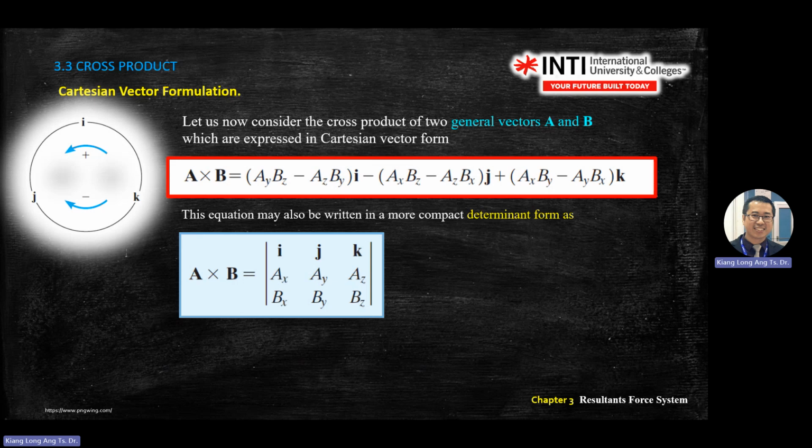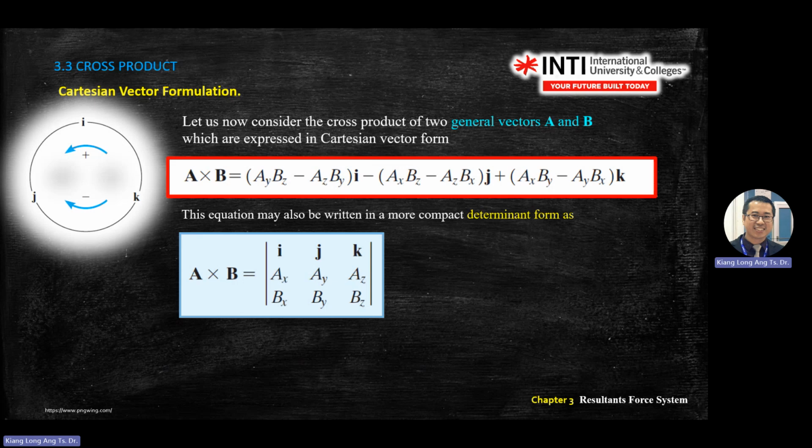AY BZ minus AZ BY, you get I. Means if you want to find I, you cover this one, then do cross, AY BZ minus the inverse diagonal, AZ BY. You do this motion. So you don't need to remember this very complex form.